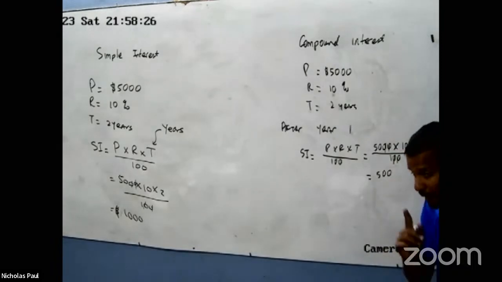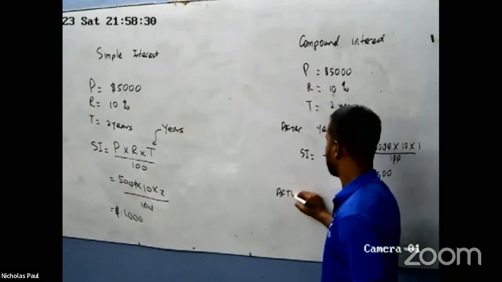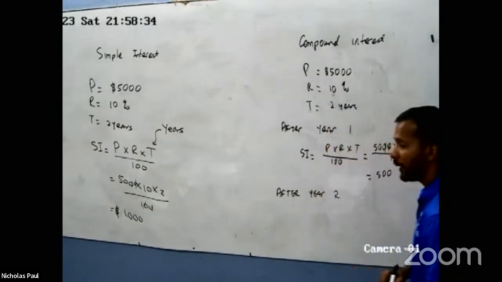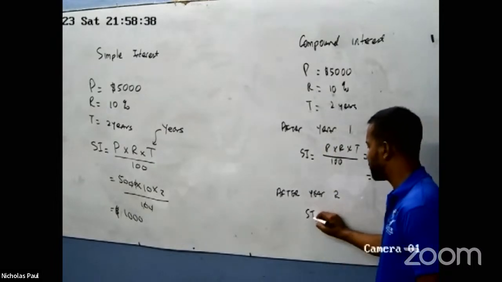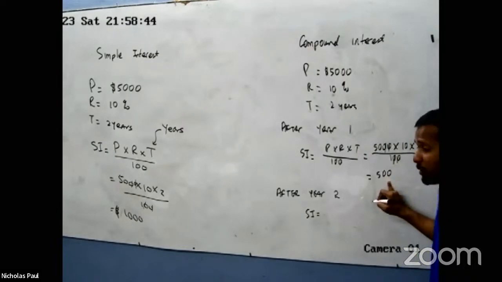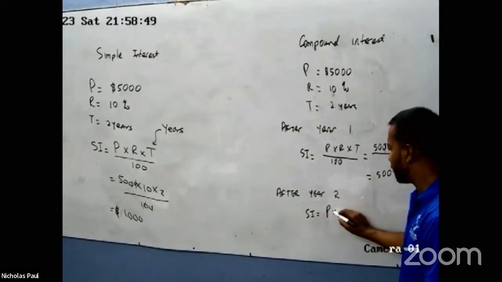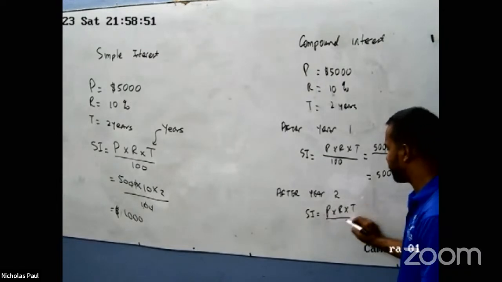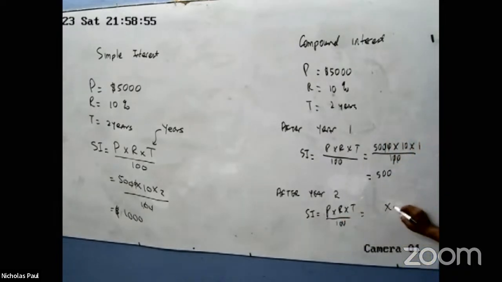Okay, after year 2 now, how are we going to get the simple interest? So you made 500 the first year, right? Yeah, 500 the first year. Second year now, simple interest, same thing, principal by rate by time. Did the rate change? No, the rate is still 10%.